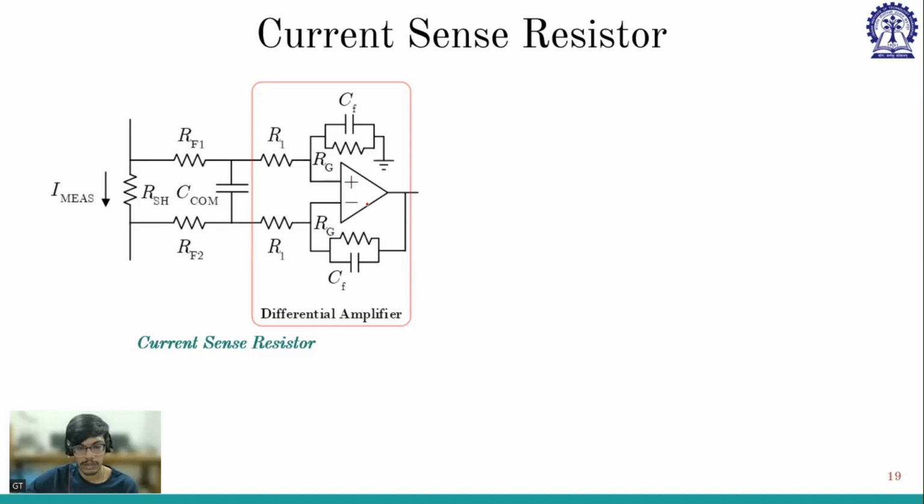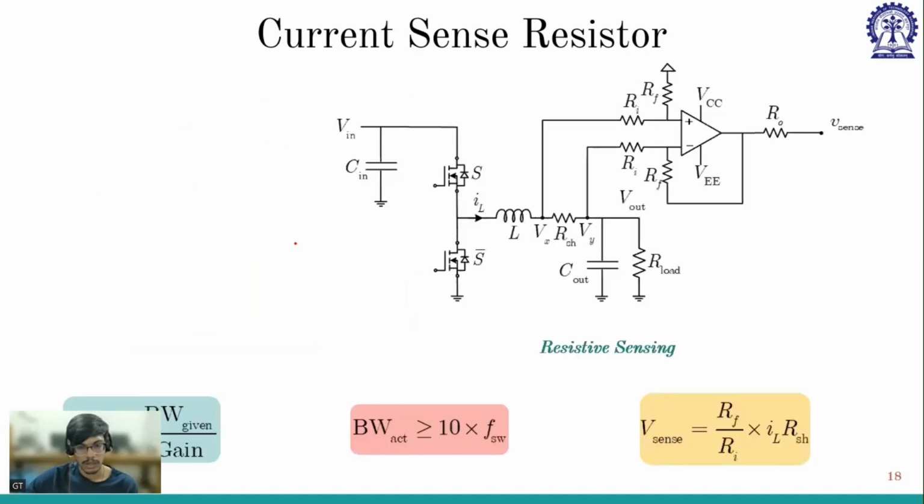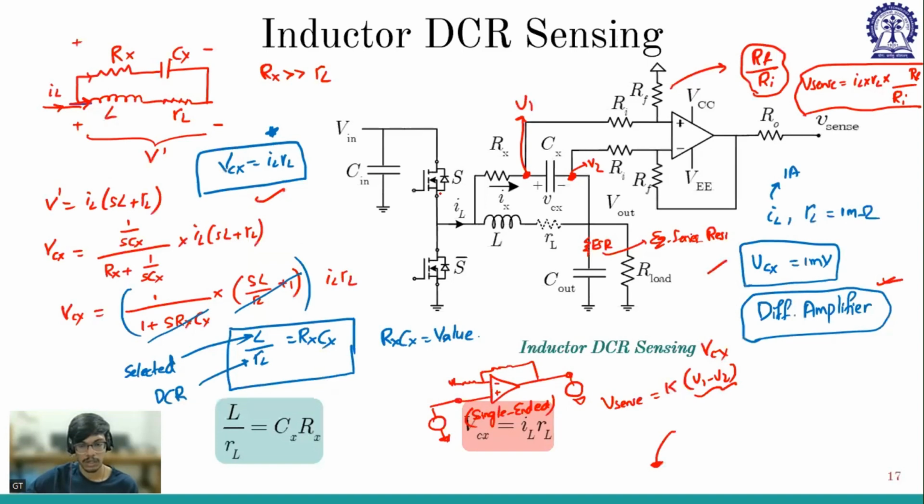Sir, in the schematic, this IL, is it the average current? Yes, we are considering IL to be average current, but it also has ripple information. So you can say it is instantaneous current, not average current, because we are getting the ripple information as well.